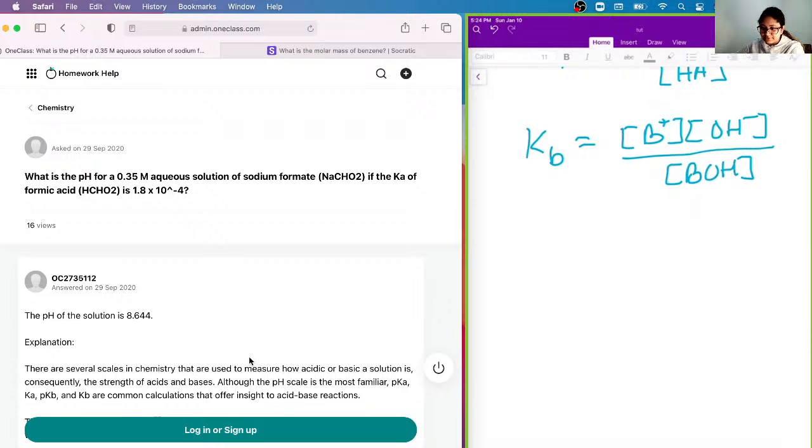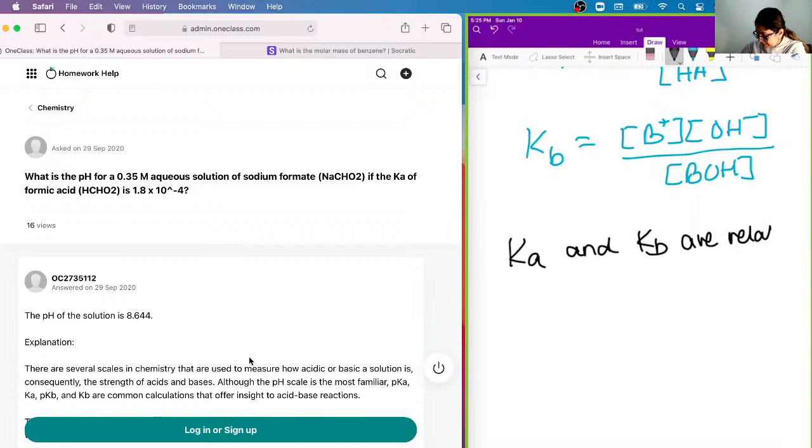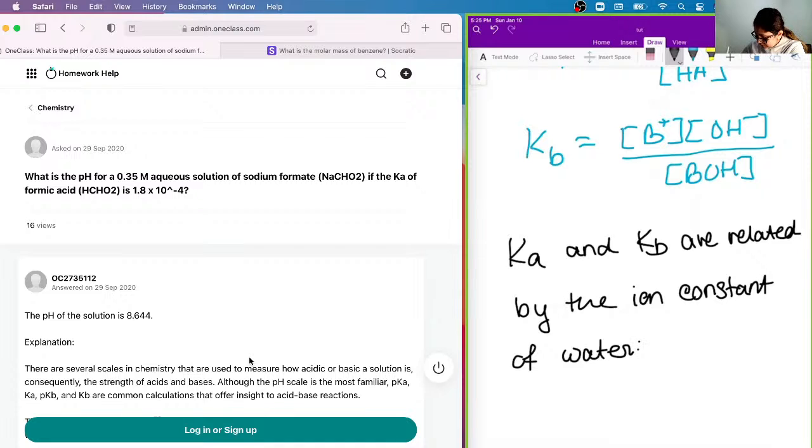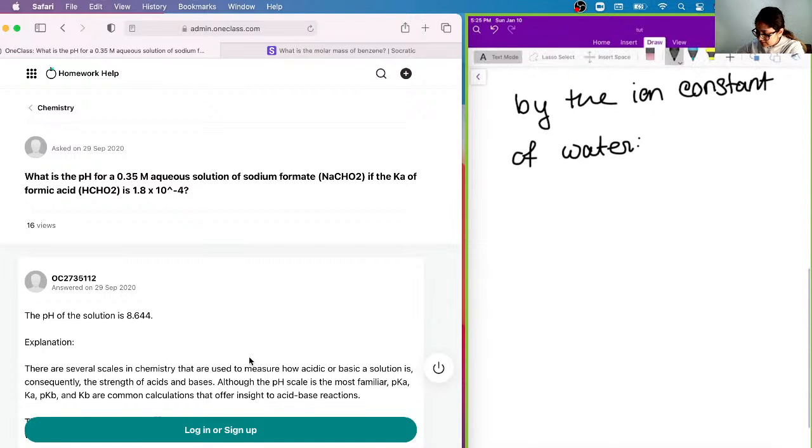We can relate Ka and Kb by this expression. Ka and Kb are related to each other through the ion constant of water, Kw. Kw is equal to Ka times Kb.